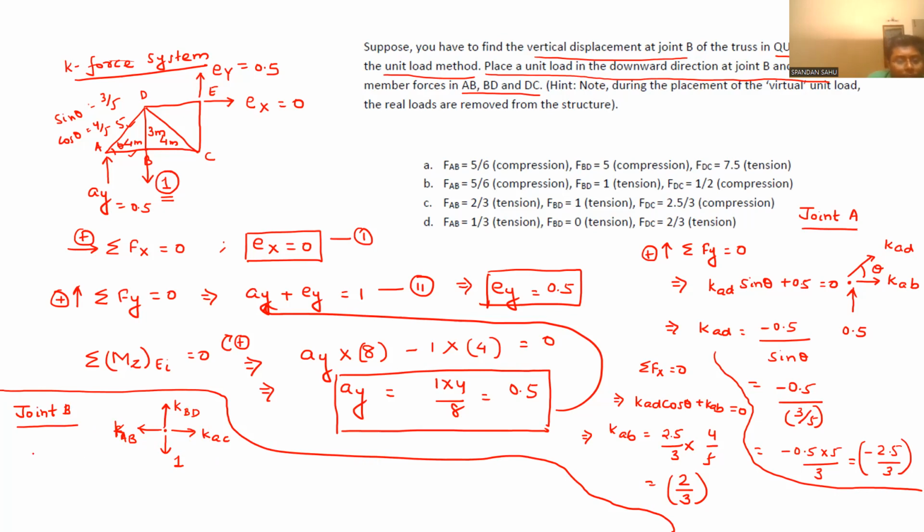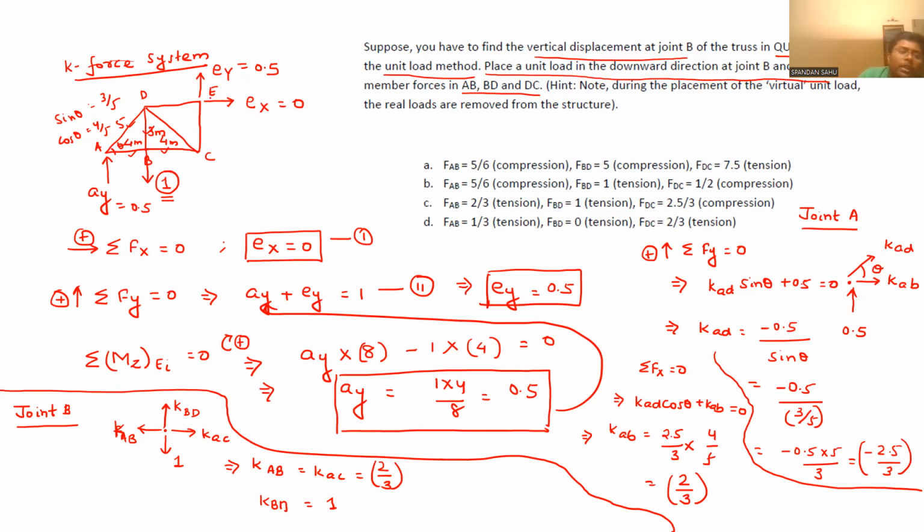So now if we do summation of Fx equal to 0, we will directly get KAB equal to KBC. What is the value of KAB? This is 2 by 3. So equal to 2 by 3 units. Similarly, KBD will be equal to 1 unit. So we got this K force system for this member, K force system for this member.